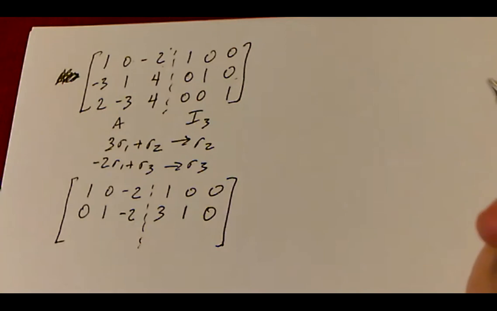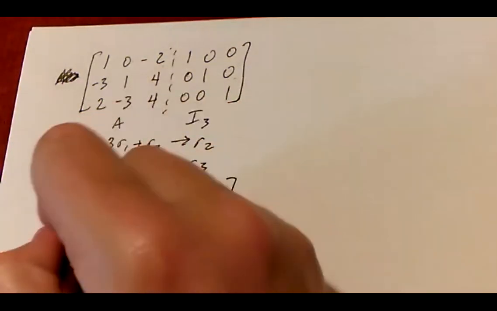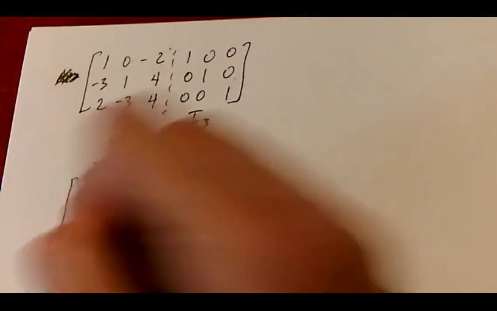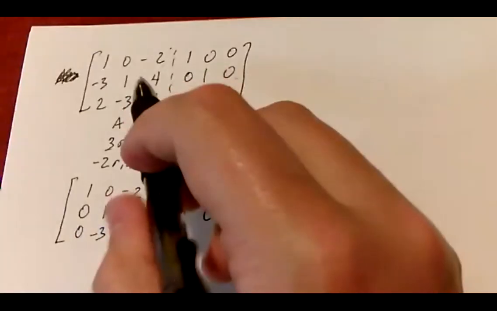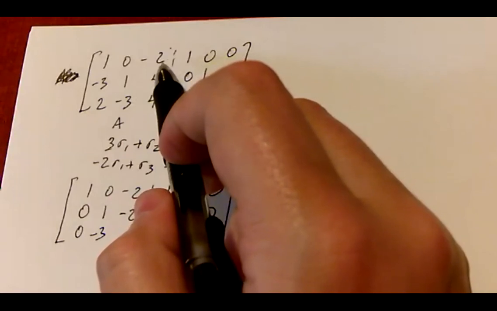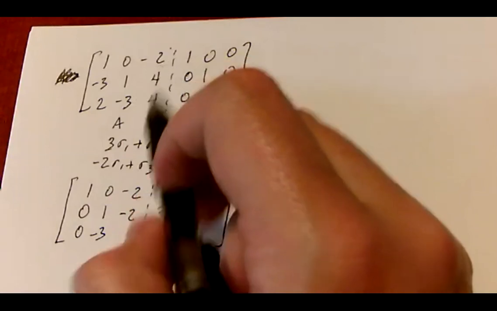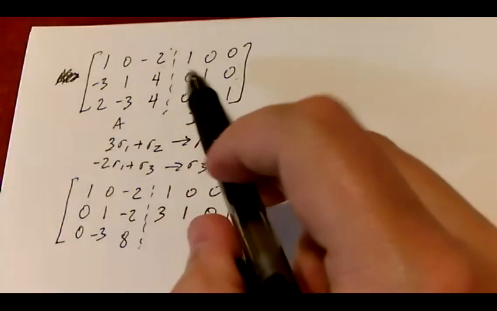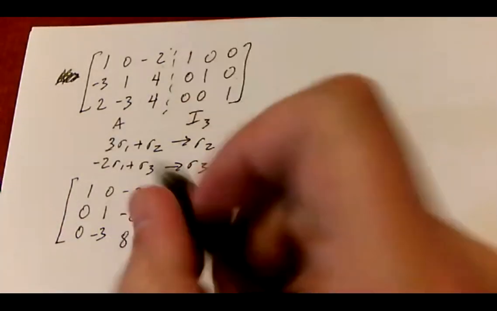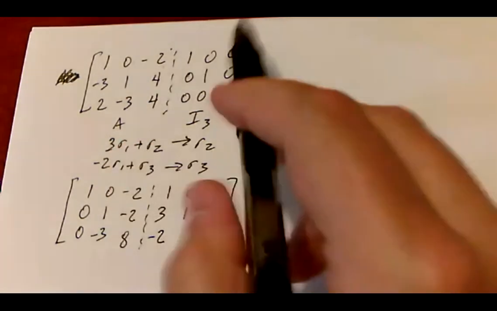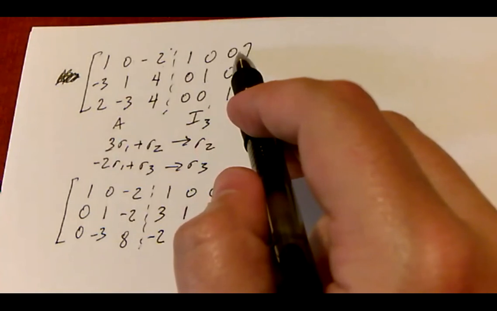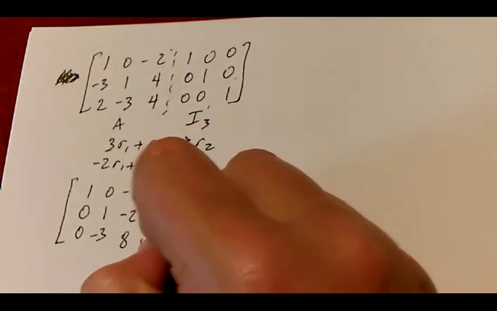Okay, third row now, I've got negative 2 plus 2 makes 0. 0 times negative 2 is still 0, plus negative 3 is negative 3. Negative 2 times negative 2 is a positive 4, and 4 plus 4 is a positive 8. Okay, then here I've got negative 2 times 1 is a negative 2, plus 0 is negative 2. 0 plus 0 is 0. 0 plus 1 is going to be 1.